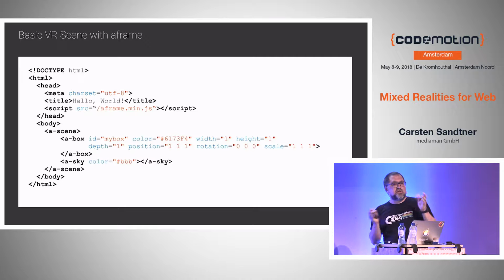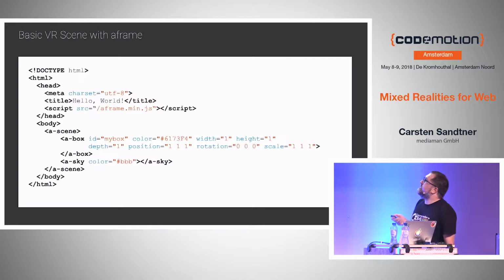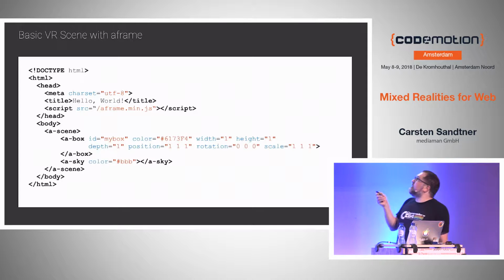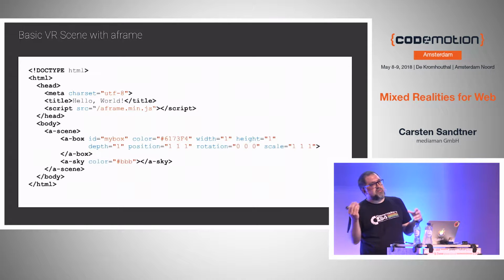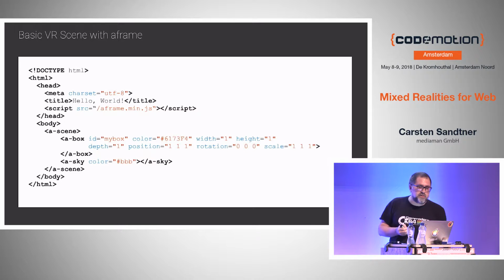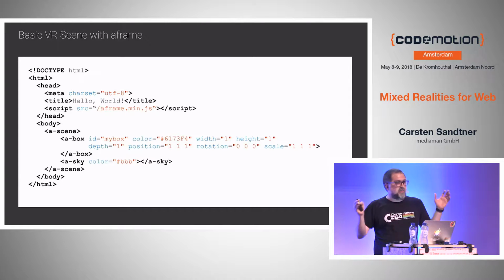I don't want to scale, it's just the scaling, the 1 1 1. And I have a skybox, which means only color is gray. So the skybox is the surrounding box of your scene, and you could also create a skybox with a 360 panoramic photo.